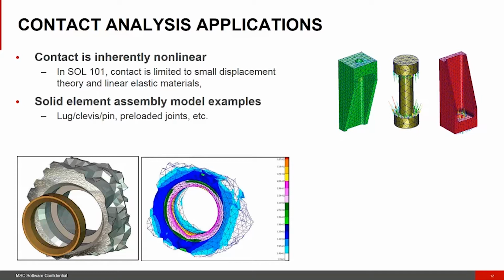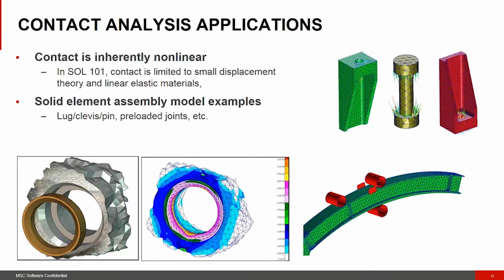Some of the items that nonlinear contact will provide to you, for example, you can here see we have large strain and large rotation. You can see a lot of movement in this track on the lower right-hand side, a lot of displacement going, and you see the large deformation. The track is going through a set of rollers here.